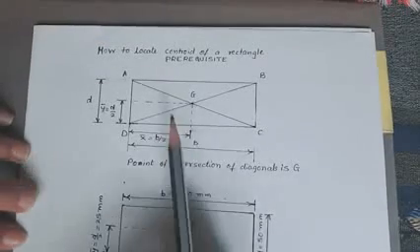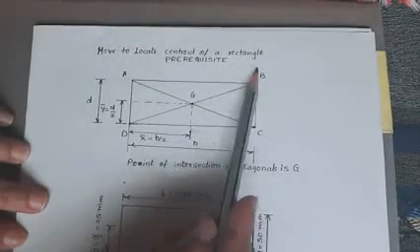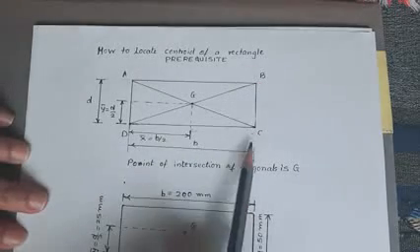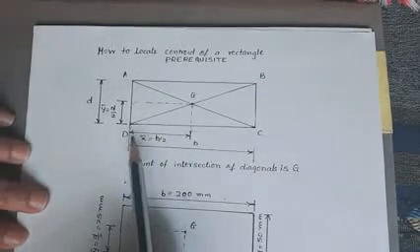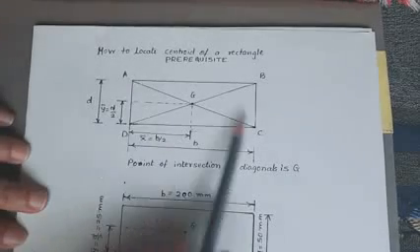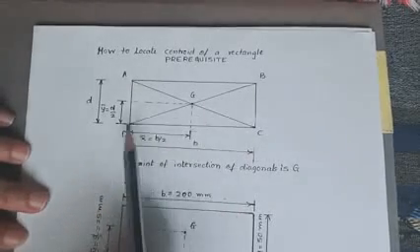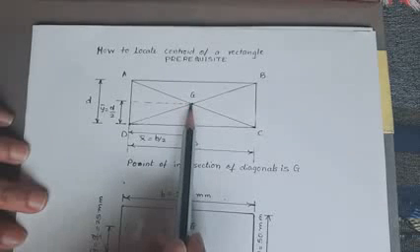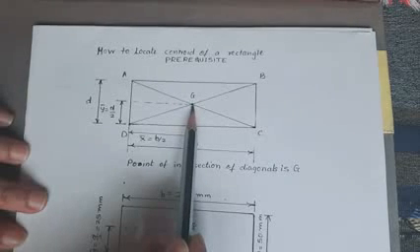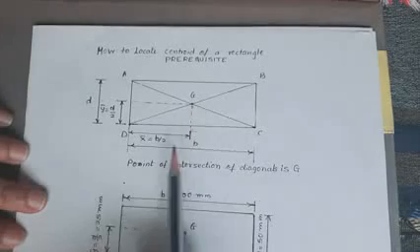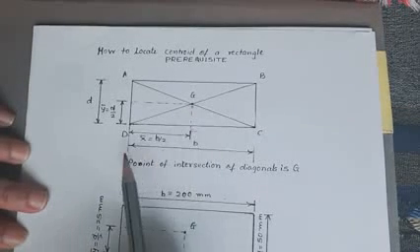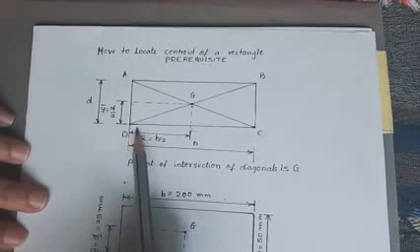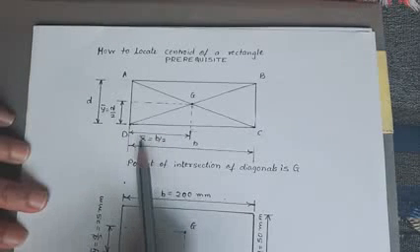Now this is how to locate the centroid of a rectangle. This is a rectangle A, B, C and D. If I draw the diagonals AC and BD, then the point of intersection, this point G where the diagonals meet, is the centroid of the rectangle. If the horizontal dimension is B, then from point D it is at a distance of B by 2, which is x bar.